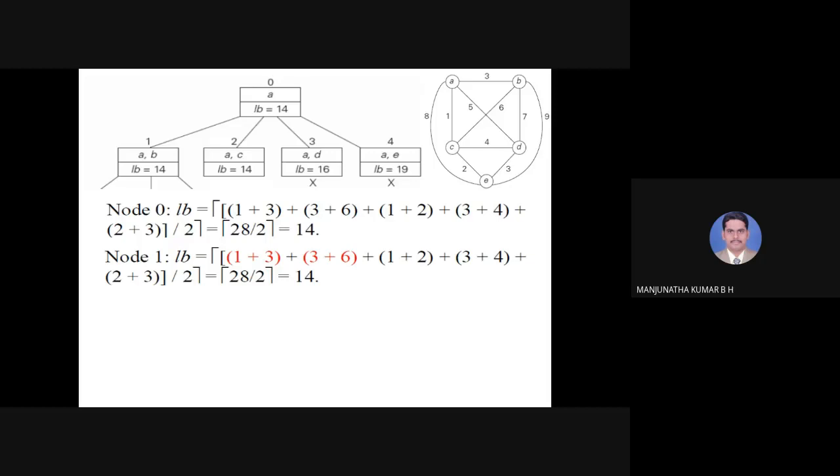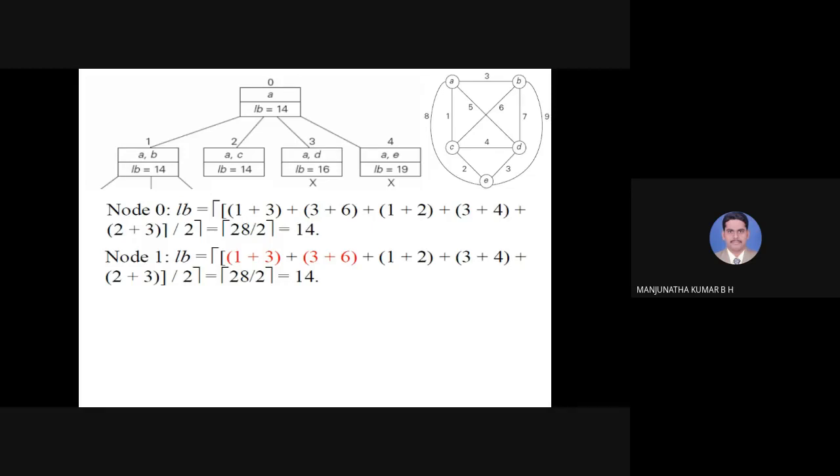Now how is the node lower bound value calculated? In node 1 I'm considering only two vertices, that is A to B. So now you need to make changes only if required, only to the sum distance of A and the sum distance of B. See the lower bound equation now.